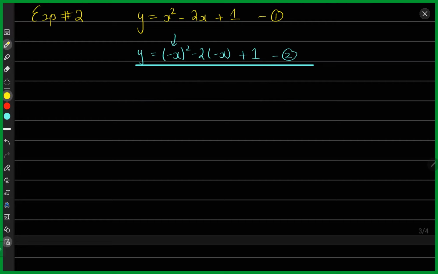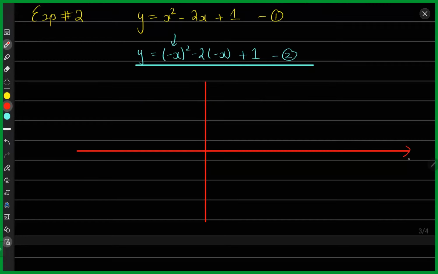Let me just make the graph for both the things. X-axis, y-axis. What has happened? I've added a negative sign with all the x I had in the equation. Means now my graph would reflect in the y-axis. So let me make the original graph.